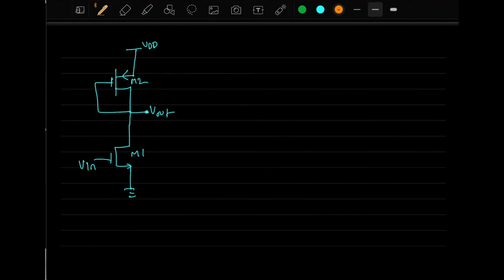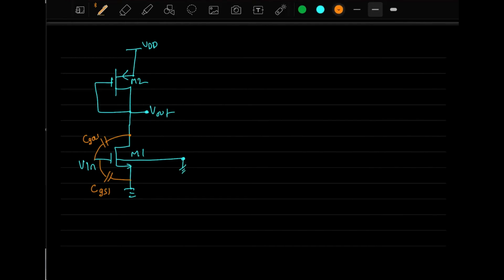So, tell me one by one, what will this capacitor be? What will we call this capacitor? CGD. Okay, this is CGD1 here. Then we have one capacitance this side. What is this capacitor? CGS1. Okay, and we have one bulk terminal here, and this bulk terminal is normally grounded.